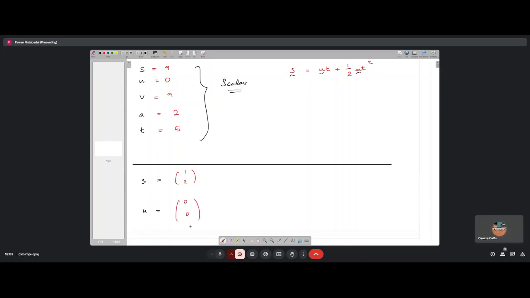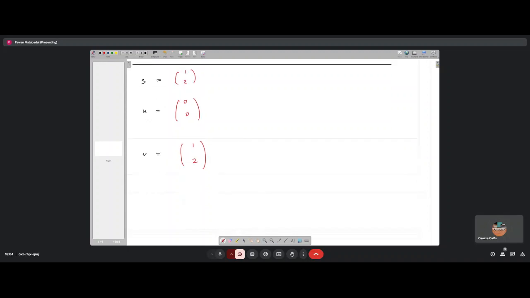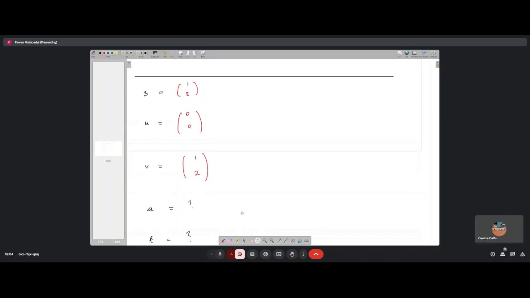You could have v equal to (1, 2), and then say we don't know a. Then t, I don't know, say we don't know that. We can use the same Suvat equations, is my point.